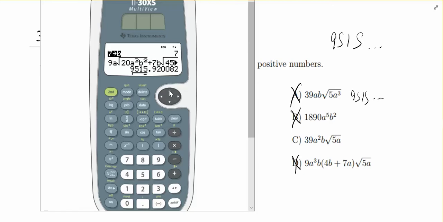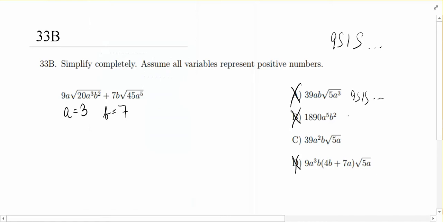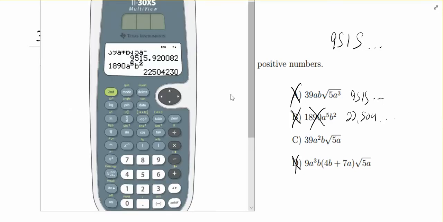Now if I go to the other 1890 value, then I get some crazy 2 something. So how many? That's what, 22,504,000. That's when we can say that is not the right answer because it doesn't match up. Now, let's just go ahead and peek back up at these other ones that I already pre-did.